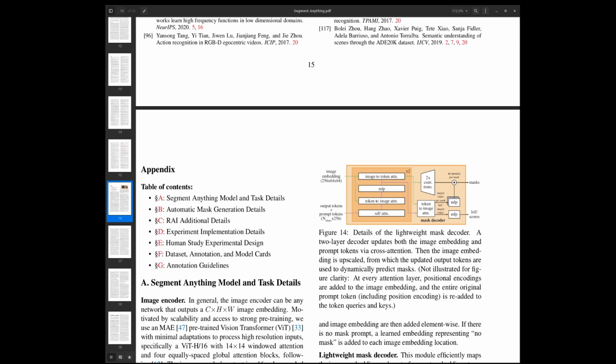But the nice thing about the code base, I'm looking at it now, is that they actually have comments and docstrings. They have the types for each parameter, and it's well organized.